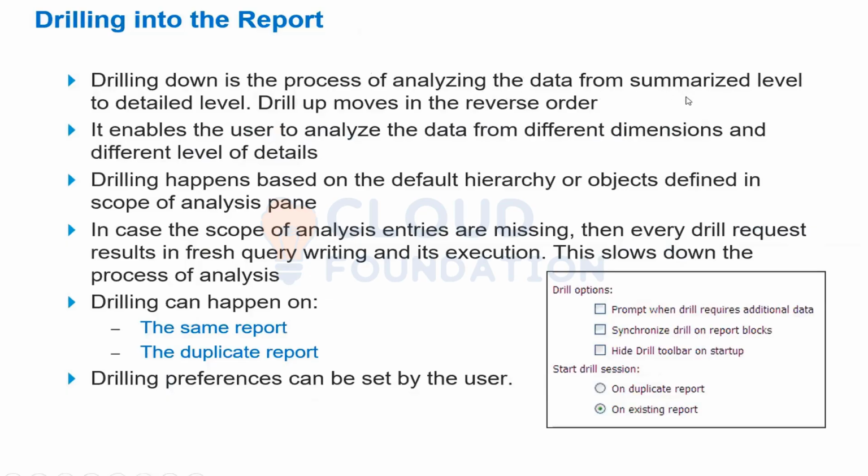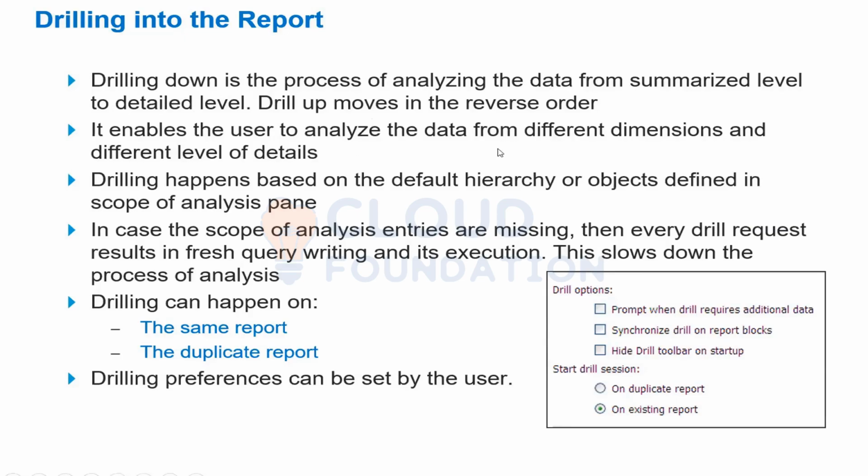Drilling down is a process of analyzing the data from a summarized level, meaning high level, to detail level, like from country to state. Drill up is the reverse of it, from low level to high level.